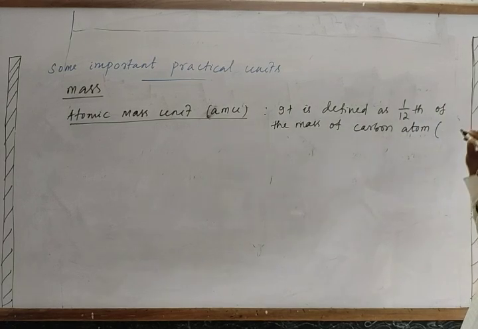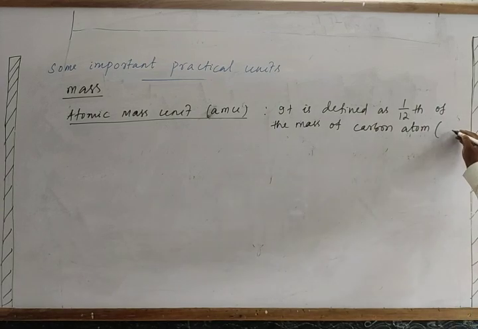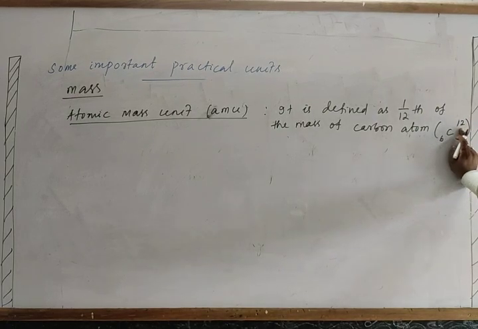Which isotope of carbon? Carbon has different isotopes. So one of them is carbon with mass number 12, atomic number 6. Carbon of one isotope, with mass number 12 and atomic number 6.